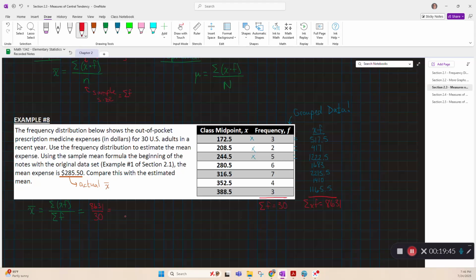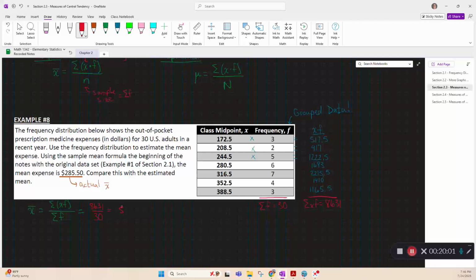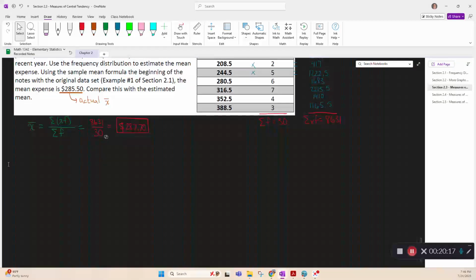And with that, when I do 8631 divided by 30, I get 287.7. So $287.70. That is our average, so our estimated average.